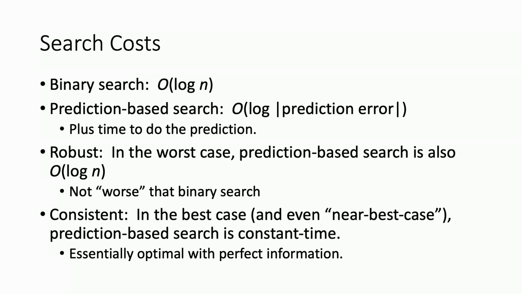So in the best case, or the near best case, you're doing as well as you could possibly do. If you had a perfect prediction, you'd always find whether it's in it or not in one comparison. Even in the near best case, it's essentially always going to be constant time. If your prediction error is constant, this is going to be constant. Okay.